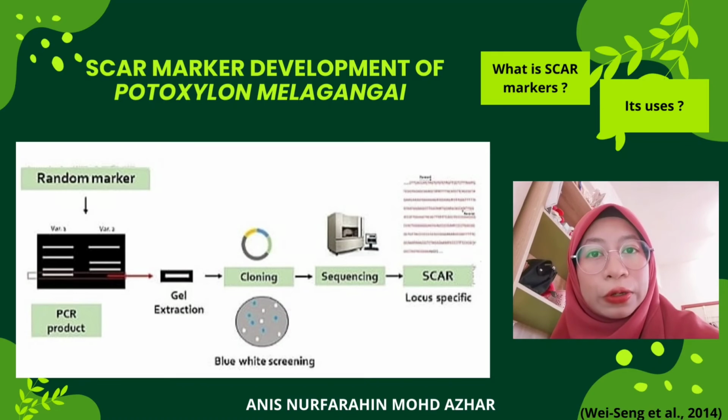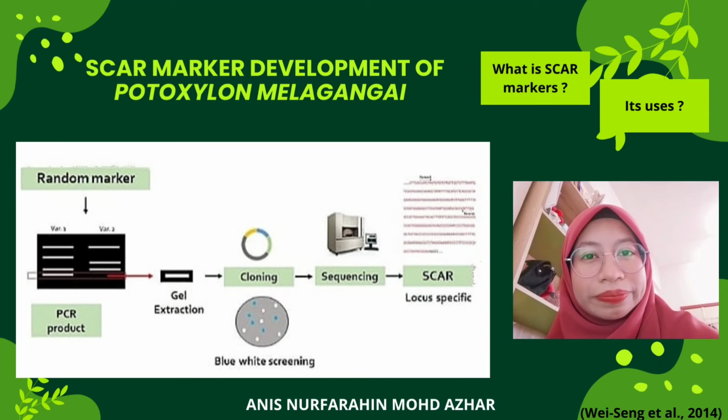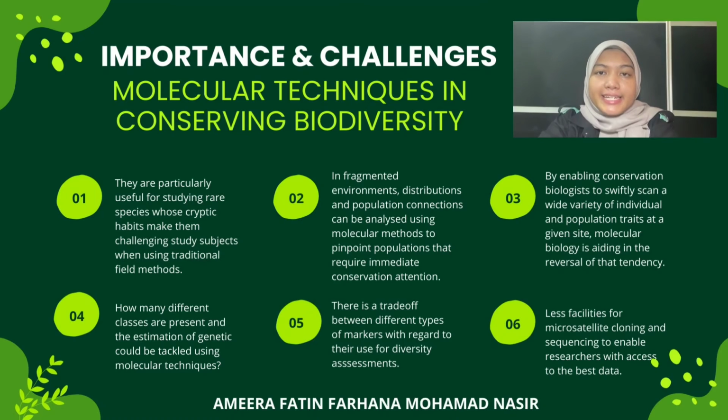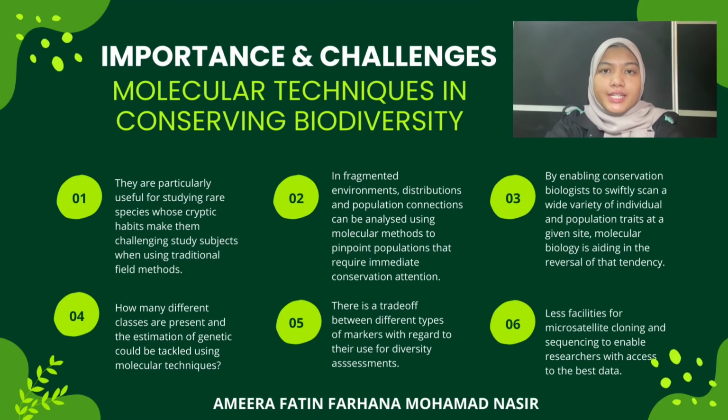Next, the fragments are cloned into the vector before undergoing blue-white screening for identification of recombinant DNA. The next step is extraction of plasmid before sequencing. Lastly, the SCAR marker of E. zwageri was developed. Molecular techniques are indispensable and are increasingly being used to address questions of conservation relevance.